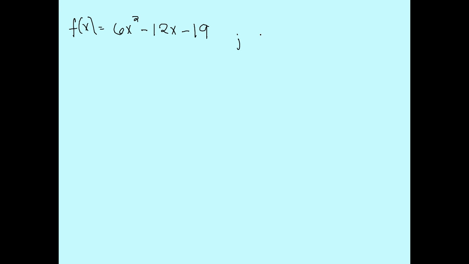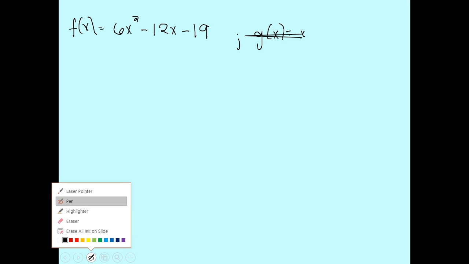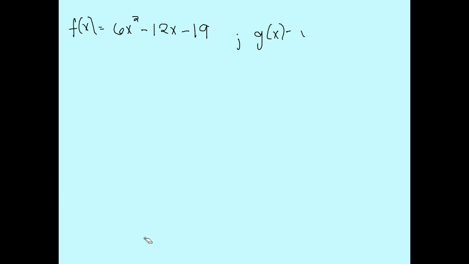And we have the second function, which is g of x, is equal to x cubed minus x squared. Okay. So, yan po yung dalawang function na given po natin.